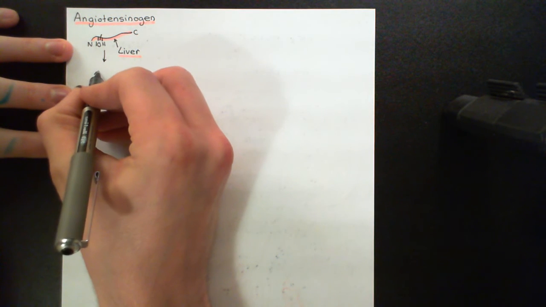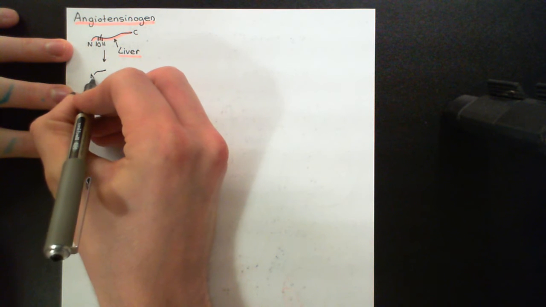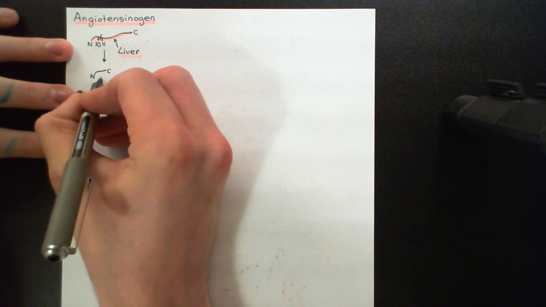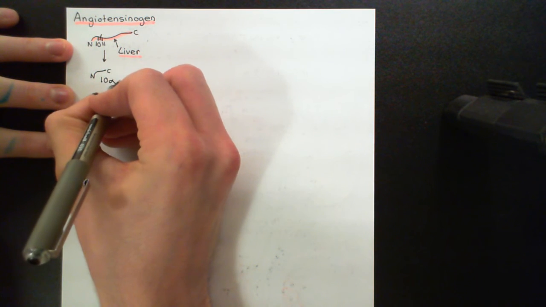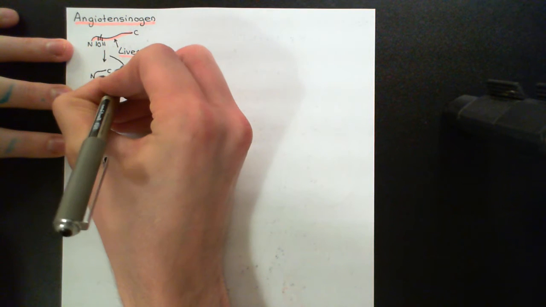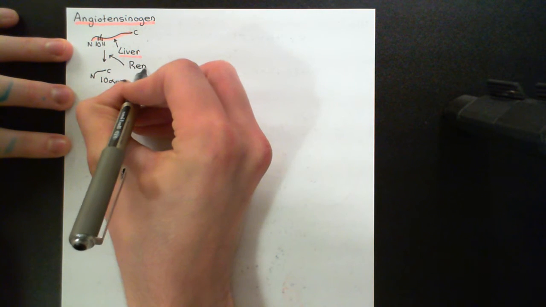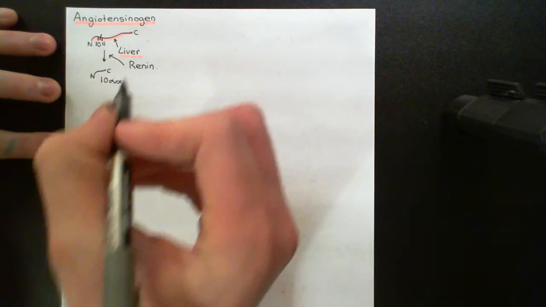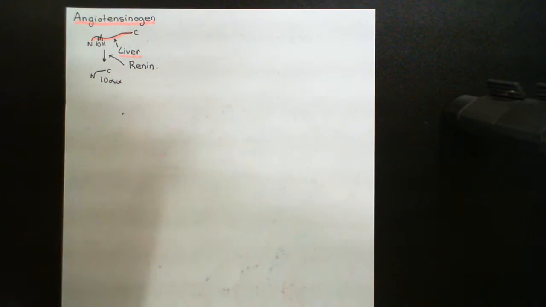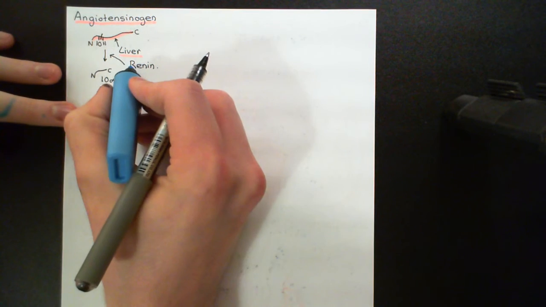We care about this first amino terminal fragment, the fragment of 10 amino acids here. Okay, so this cleavage is catalyzed then by the renin enzyme. So the renin that is released into the blood is now going to work on angiotensinogen molecules that are in the blood and cleave them in this way between the 10th and the 11th amino acid to produce this 10 amino acid little fragment here.